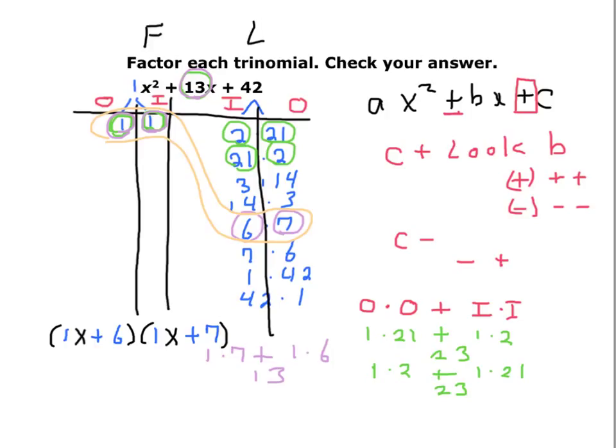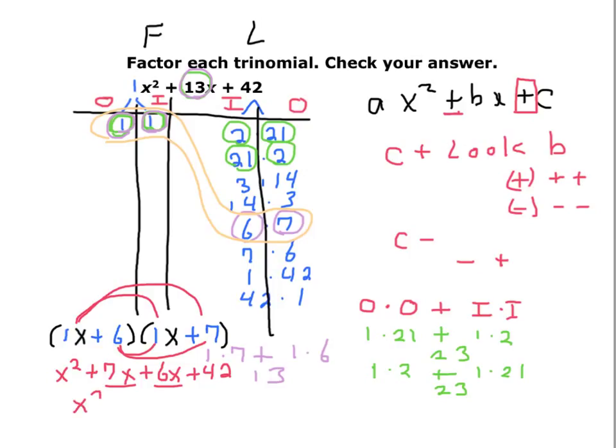Now let's check it and see how it's going to work. So if I were to check this, 1x times 1x gives me x to the second. 1x times a 7 gives you plus a 7x. 6 times the 1x gives you plus a 6x. And 6 times 7 gives you 42. We can add the like terms together.